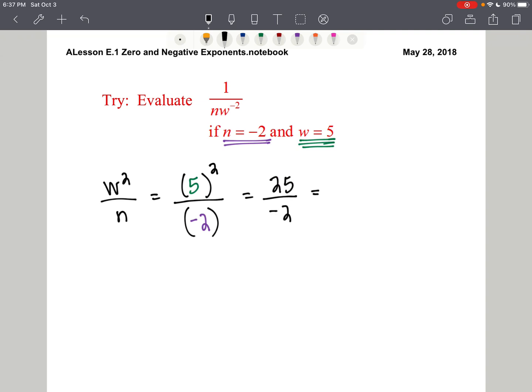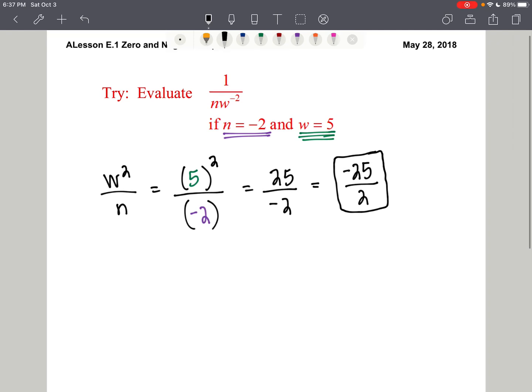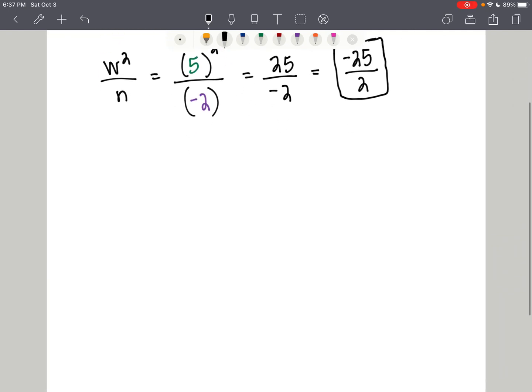And we always write our fractions in handwriting with the negative moved to the numerator. Not in the middle, not in the denominator, but when we're using our handwriting, we need to put that negative into the numerator. So I believe you have it, but let's just try a couple more.